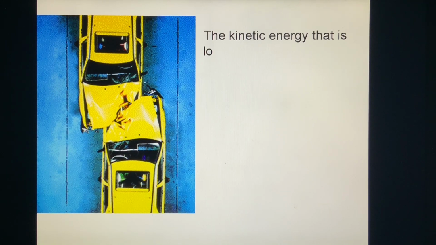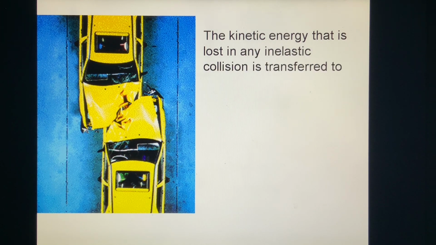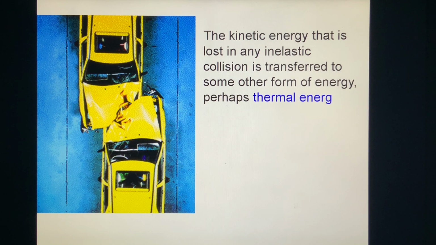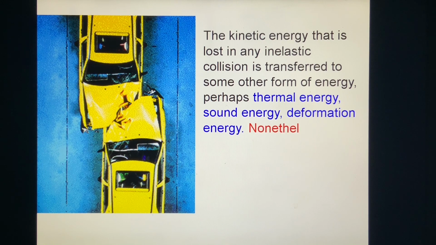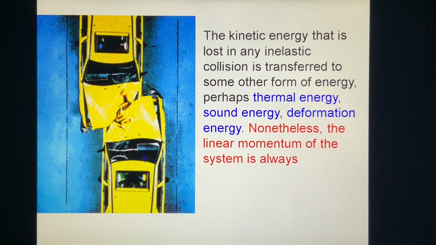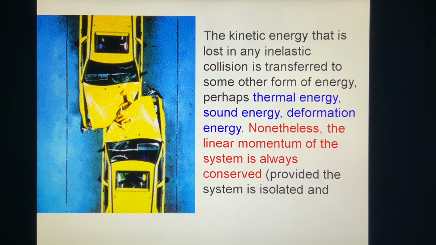The kinetic energy that is lost in any inelastic collision is transferred to some other form of energy, perhaps thermal energy, sound energy, or deformation energy. Nonetheless, the linear momentum of the system is always conserved, provided the system is isolated and closed.